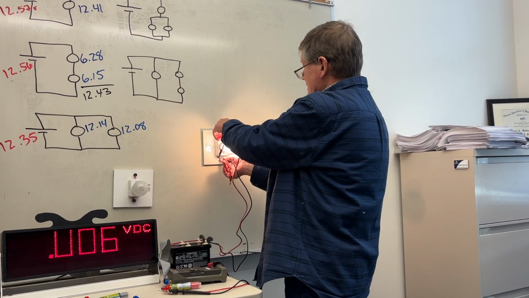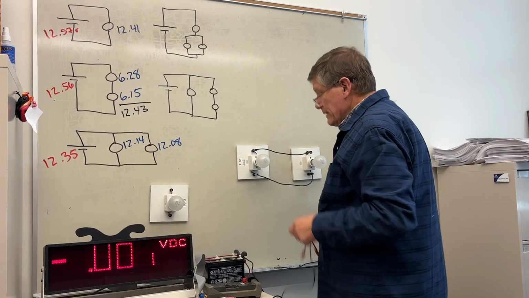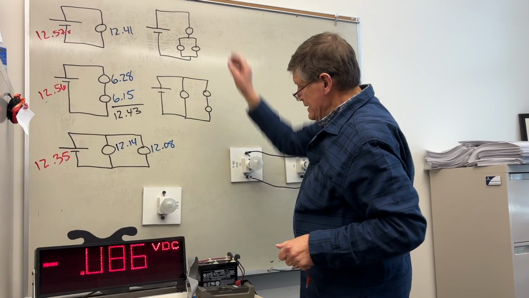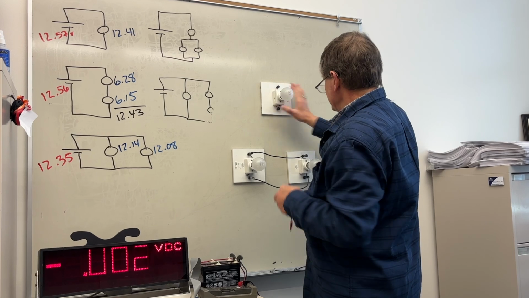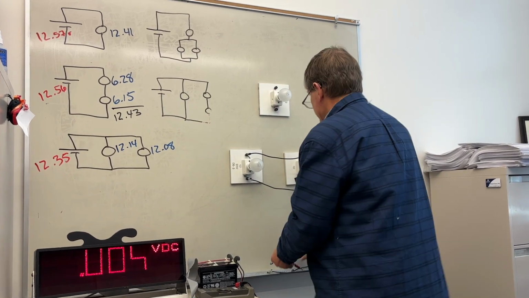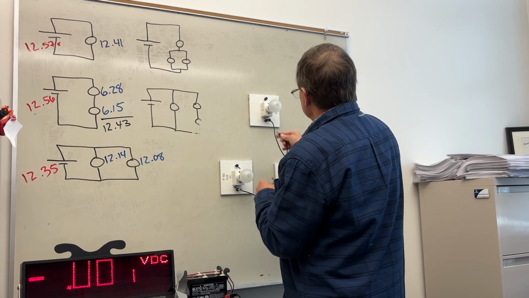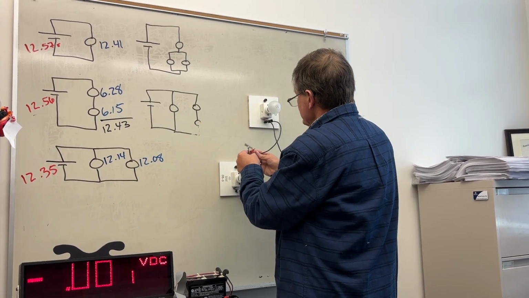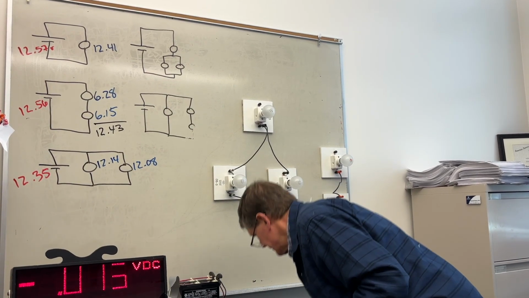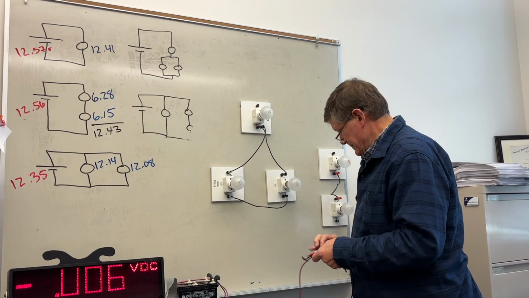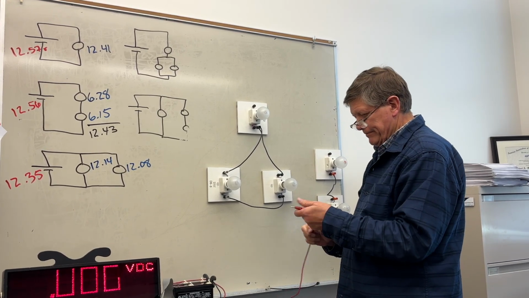Okay, the next one that we're going to try and do will be this one here. I'm going to need the single bulb up here, and I'm going to take that and that, and now we, okay, almost ready.